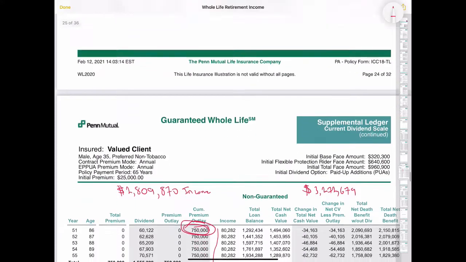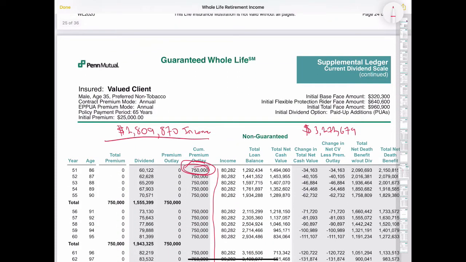That also means that all of this $2.8 million was income tax-free under current tax code. It also means that this entire $3.2 million benefit, that is income generated plus the leftover death benefit, also comes income tax-free under current tax code.